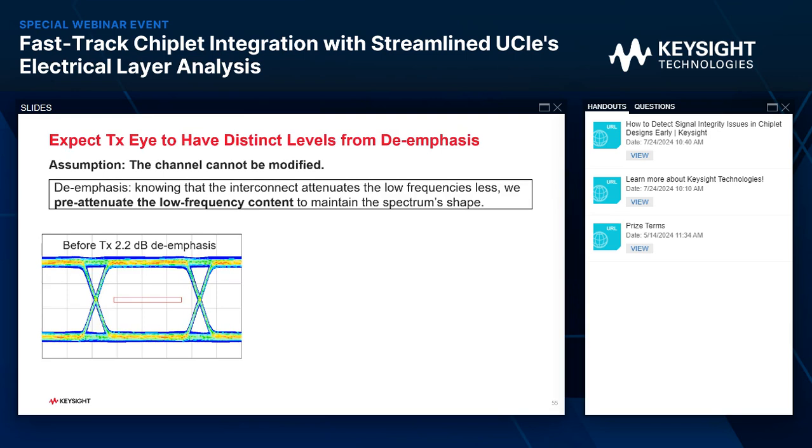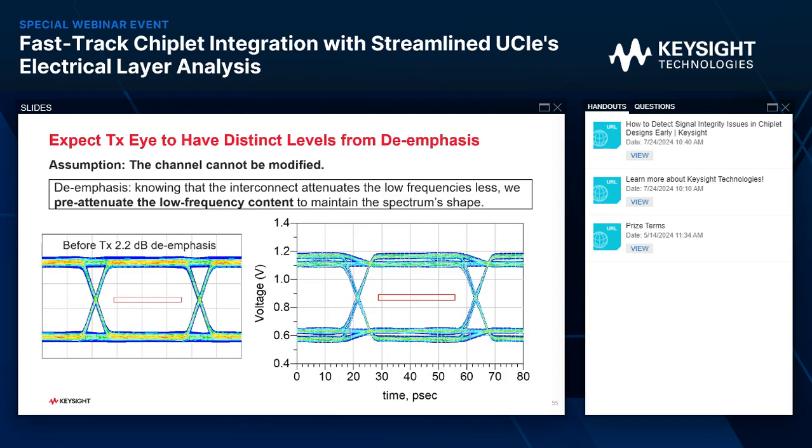Because of the different levels from de-emphasis, the eye should also look different than what we had before. And sure enough, we can see that here are the pre-reduced low frequency content, and the high frequency content is preserved in de-emphasis.